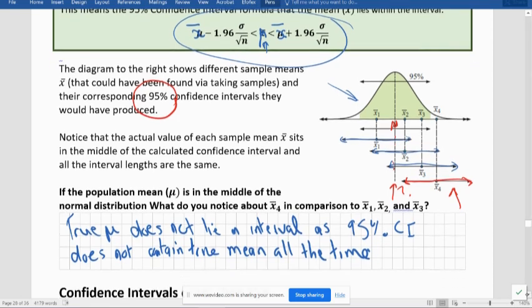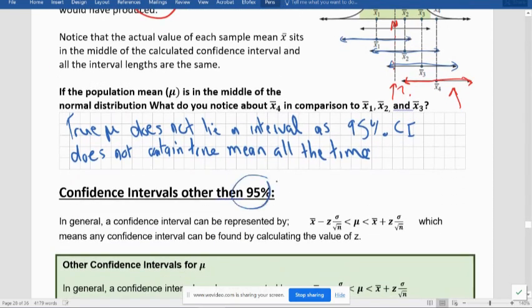Yeah, so you just need to realize that's what 95% means.